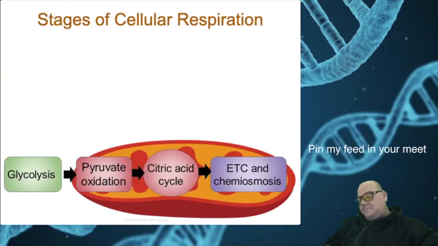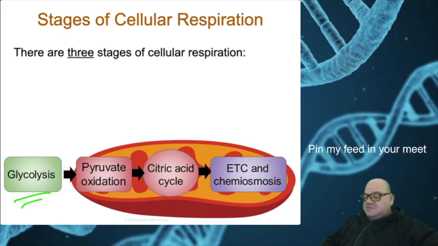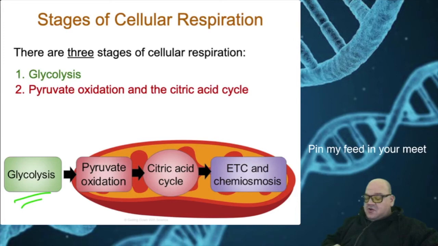We're going to break this down into 3 stages. Today we're only going to cover glycolysis. So the 3 stages we're going to eventually get to, first is glycolysis. Then you get to step 2, which is pyruvate oxidation. You've probably never heard of pyruvate. Pyruvate is a 3-carbon sugar. It's kind of like that G3P back from photosynthesis.